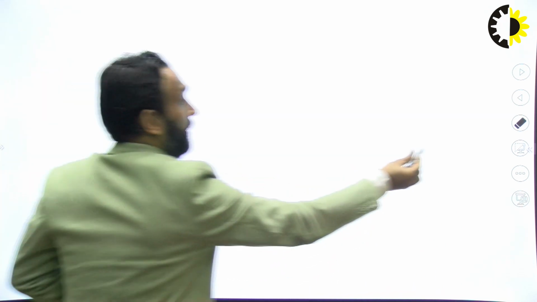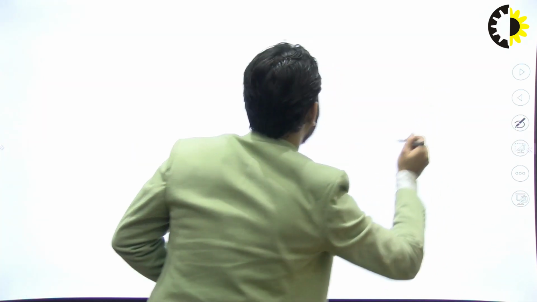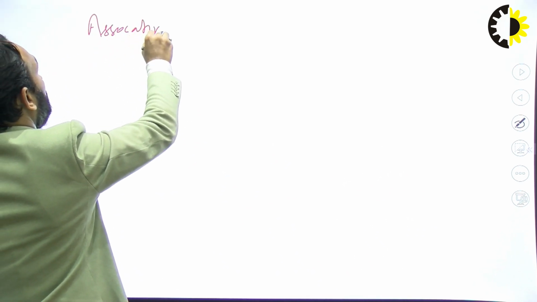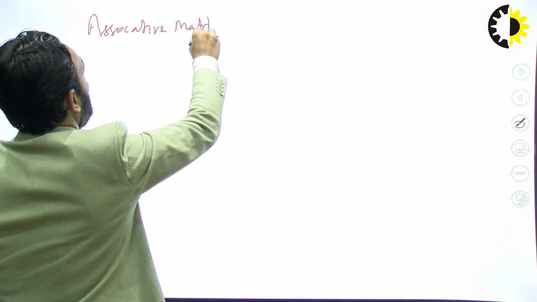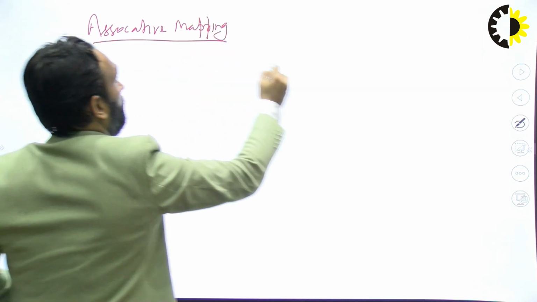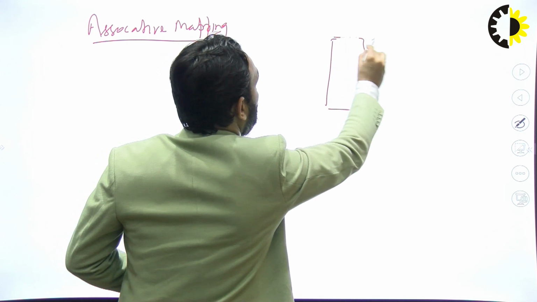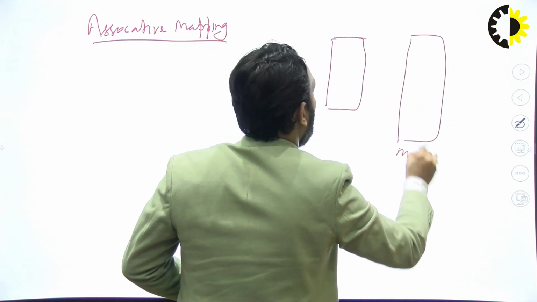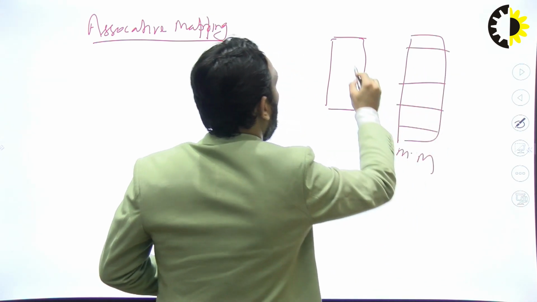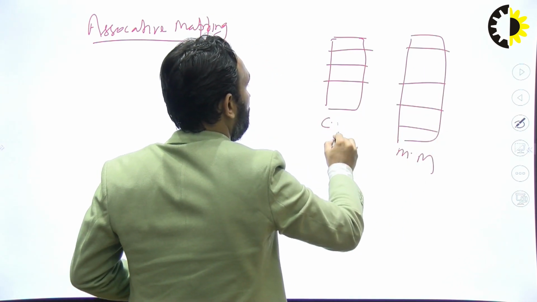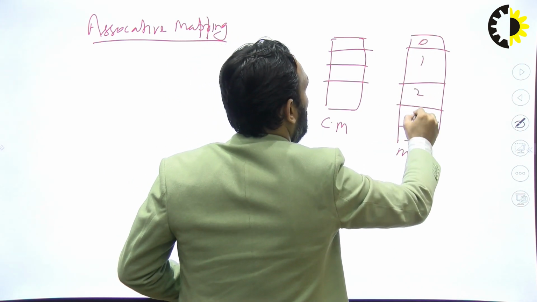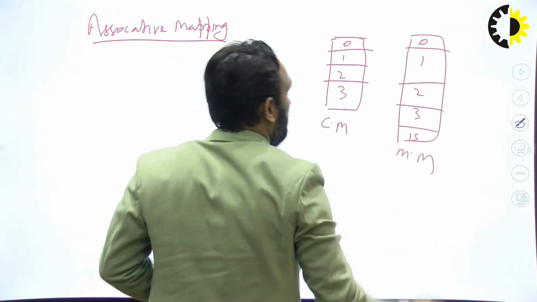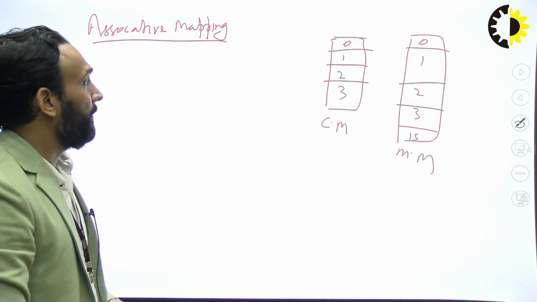Now take an example of associative mapping, the content, or we can say a block of main memory, can take a position anywhere in a cache memory, 0, 1, 2, 3 up to 15. So 0, 1, 2, 3. There is no boundation like direct mapping.